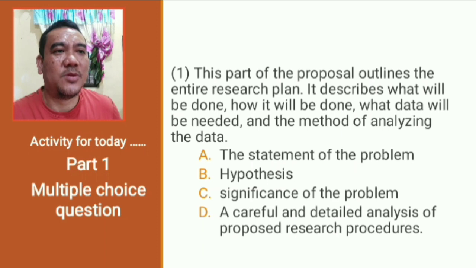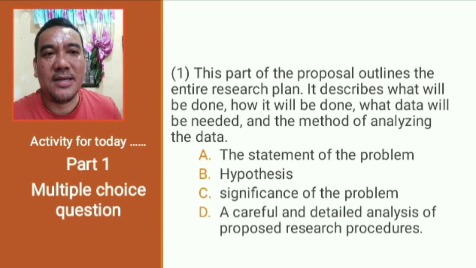It describes what will be done, how it will be done, what data will be needed, and the method of analyzing the data. A. Statement of the problem. B. Hypothesis. Letter C. Significance of the problem.